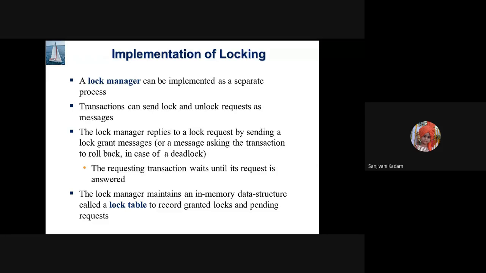There are a number of subtasks in a concurrency control manager, and hence for implementation of locking, the lock manager is implemented as a separate procedure or process. The lock manager is responsible for accepting requests from multiple transactions, checking which data item they are requesting, which type of locks are available, and whether any existing lock is available.